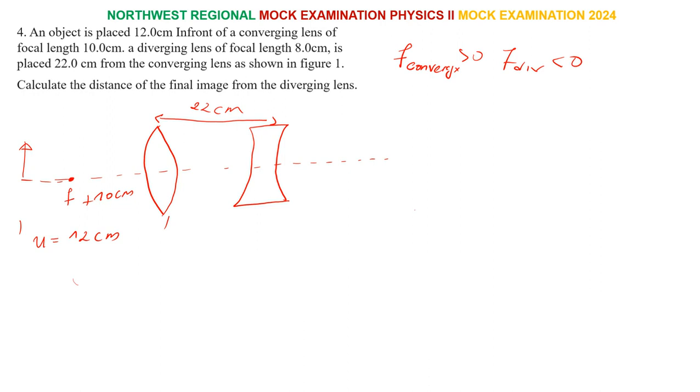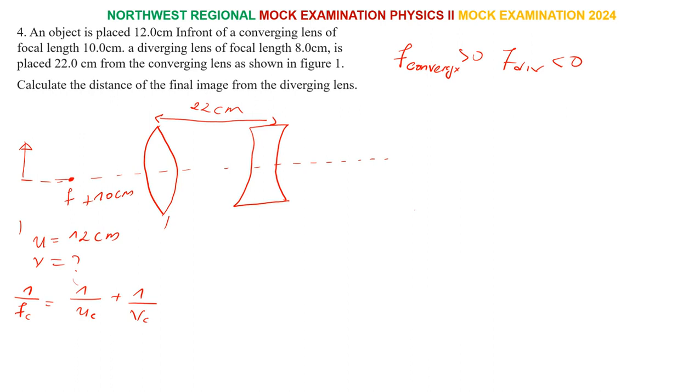Now we can calculate the image distance in the convex lens configuration. So using the lens formula, we have 1 over f, I will call it f concave, will be equal to 1 over u, I'll call it u concave, plus 1 over v concave.